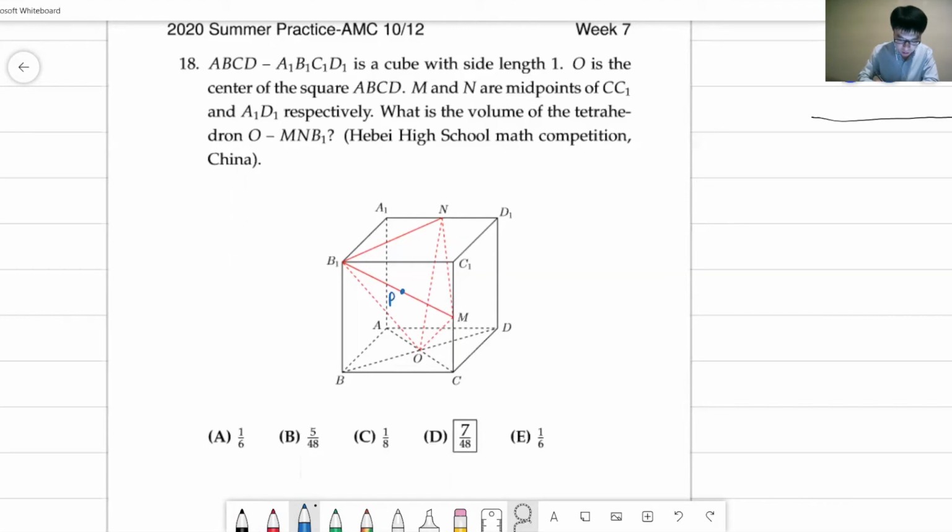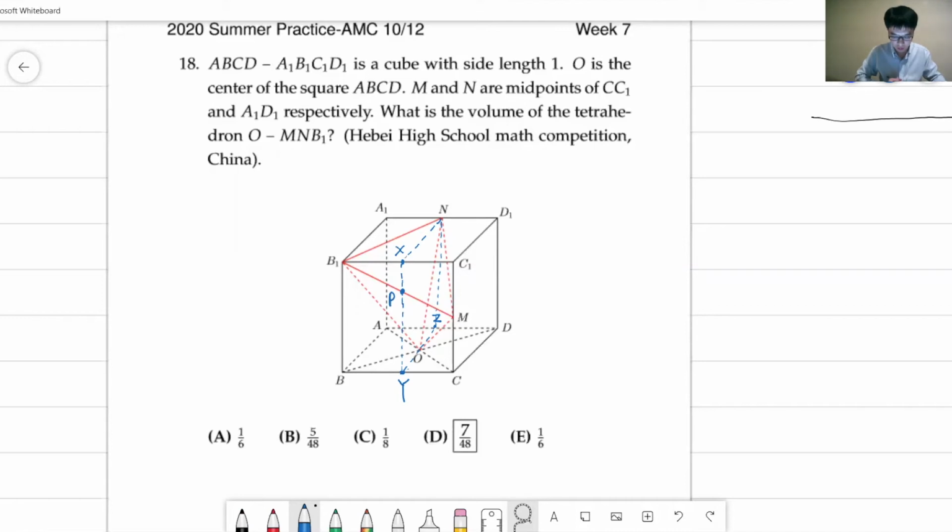And the midpoint of B1C1 to be, say, X. And the midpoint of BC to be Y. Midpoint of AD to be Z. So basically the idea is to cut this whole solid by the plane passing through N, X, P, Y, Z, N. We use this plane to cut everything.